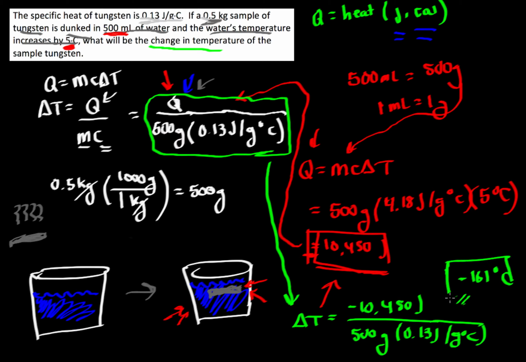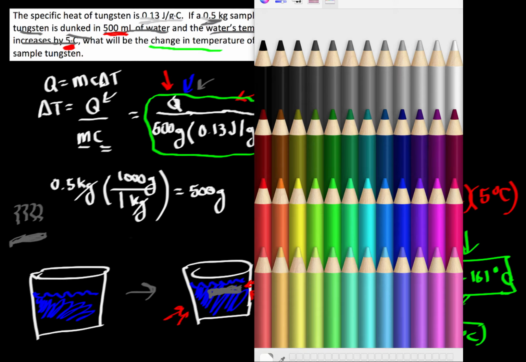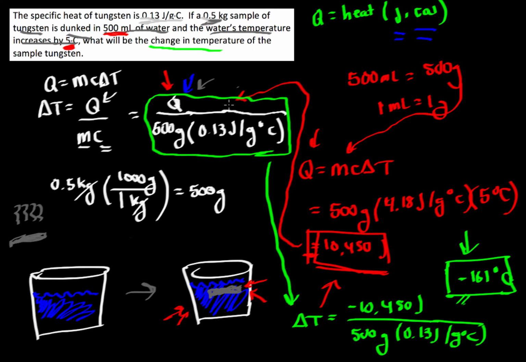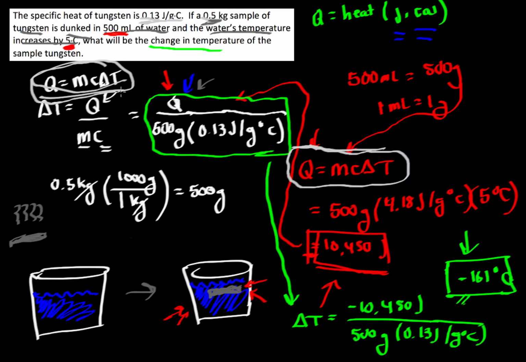So I made up numbers for this case. You'll never get an answer that huge, but that's how you'll go about it. You'll notice that the big thing in this problem was just making use of Q equals MCAT. When we used Q equals MCAT, we didn't have a Q value we could use right away.